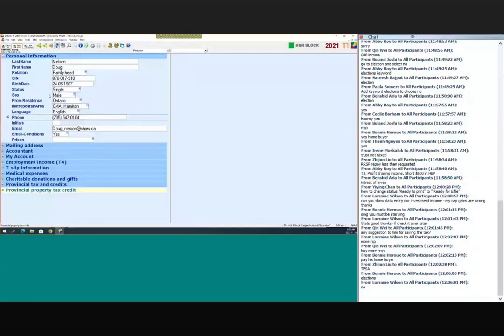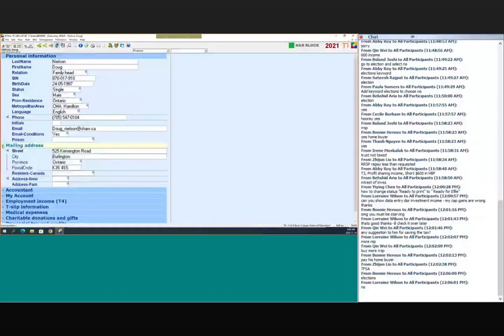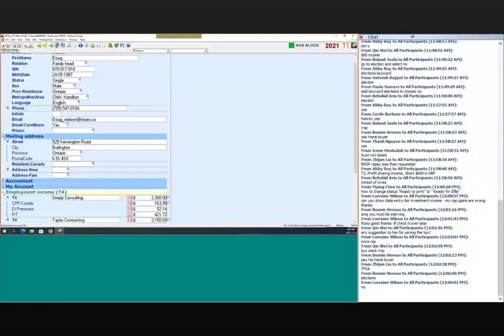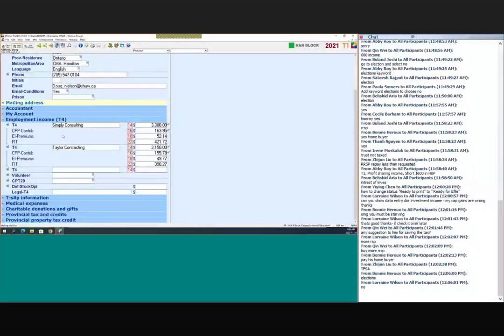So now it says prepare his return for e-filing. All righty. So there's his mailing address. Going to put his mailing address, and we're going to go to his T4. Going to close the mailing address. So he's got 2 T4s, and again, we're going to double check our data entry.